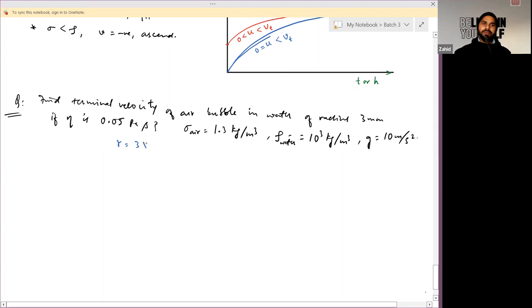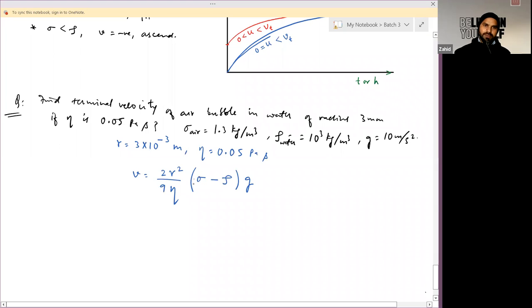Radius is just 3 mm, so just multiply it by 10 to the power minus 3, so it will become in meter. Eta is 0.05 Pascal second. According to the formula, V equals 2 times R square by 9 times eta, times density of object minus density of medium, times gravity.